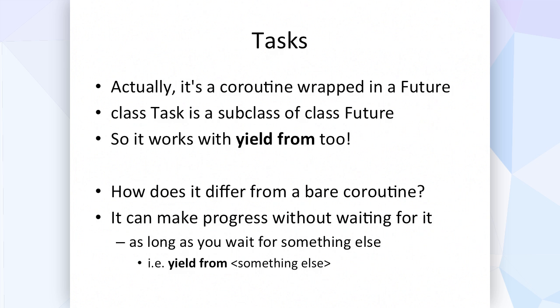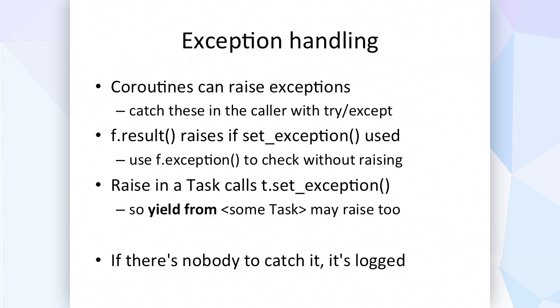So there you have it. You can wait for all kinds of things using yield from, and the implementation of the thing you're waiting for has a lot of freedom. So I guess I already mentioned exceptions. They all can raise exceptions. The one nice thing is if you wrap a coroutine inside a task, when the coroutine raises an exception, that calls set_exception on the task, which is really also a future.